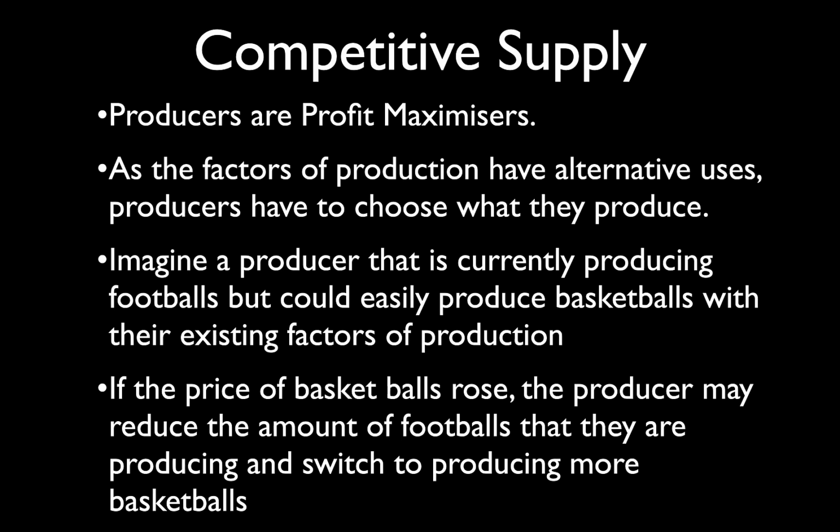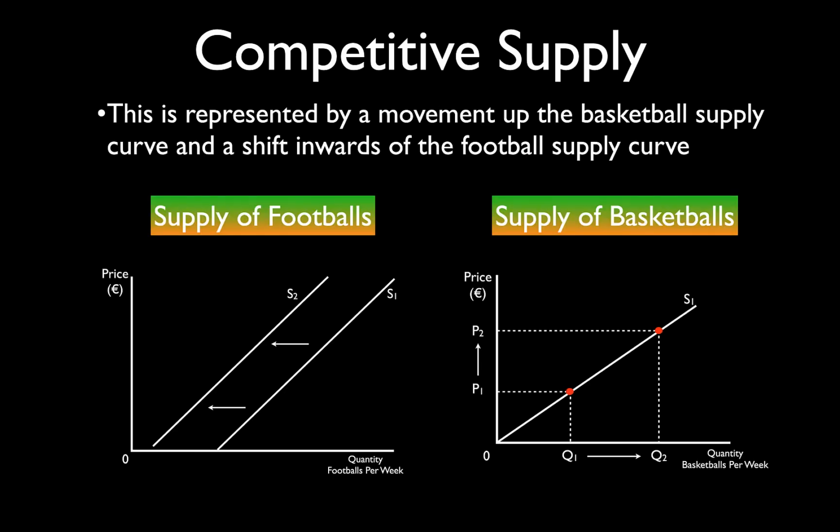So they are competing for use of that machine. They are competing for resources. So if the price of basketballs rose, at least relative to footballs, the supplier may actually say, do you know what, there's a lot more profit in producing basketballs, forget producing footballs, or at the very least devote more time of the machine to the production of basketballs and less to the production of soccer balls. Okay, I hope that makes sense.